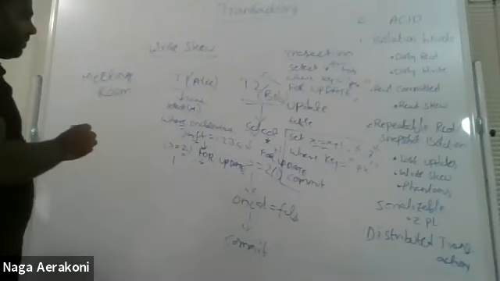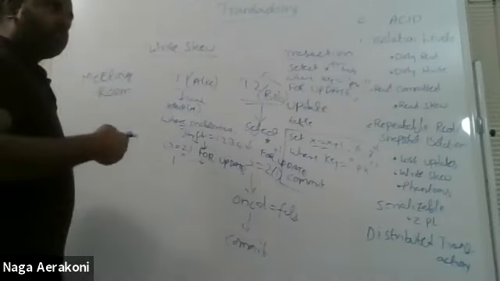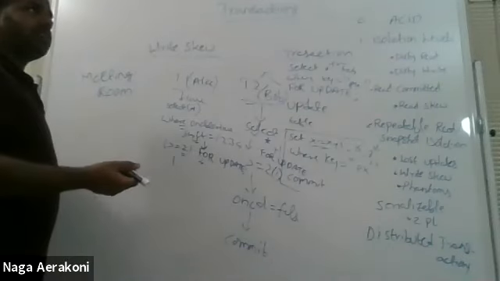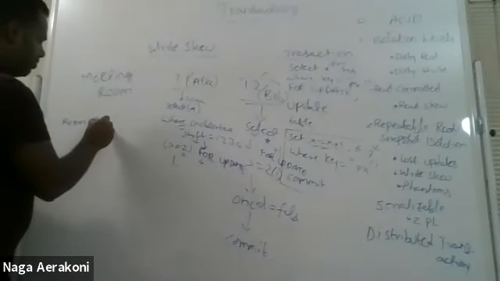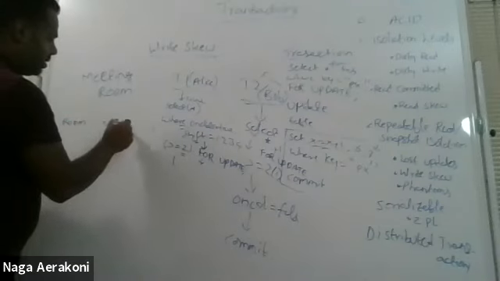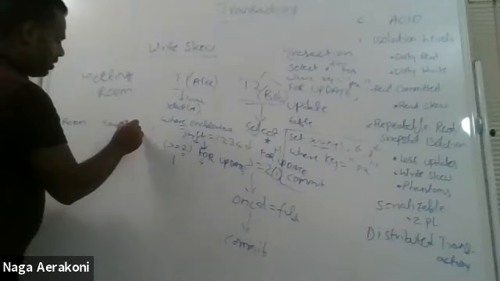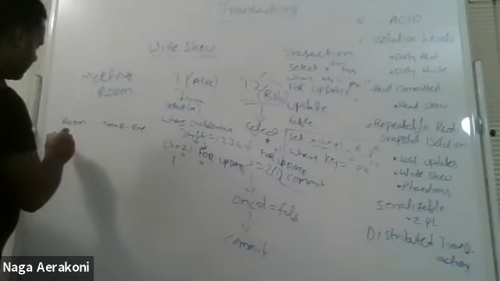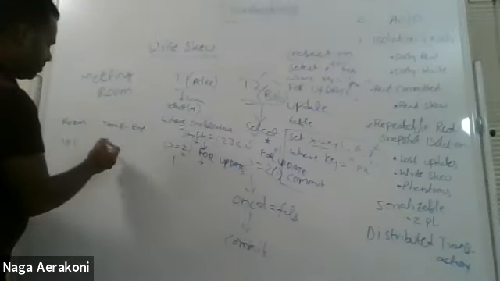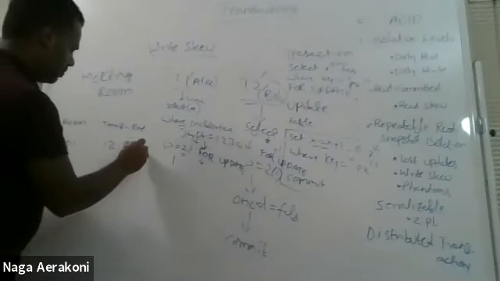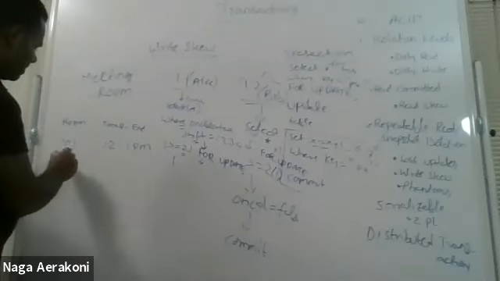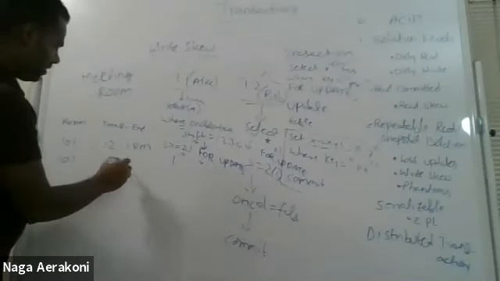You normally have all the bookings for which reservations have already been made: the room and the time duration, begin time and end time. So let's say room 101, you are booking from 12 to 1 p.m. Similarly, for the same 101, you can have 10 to 11, and so on.